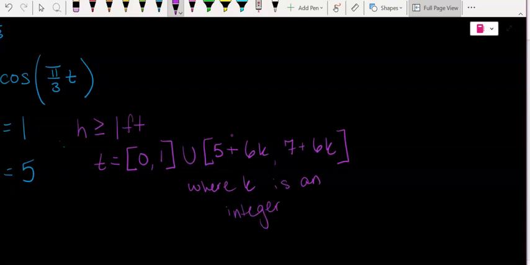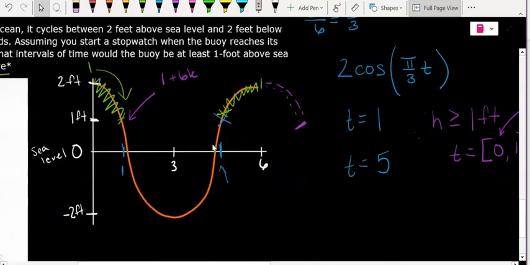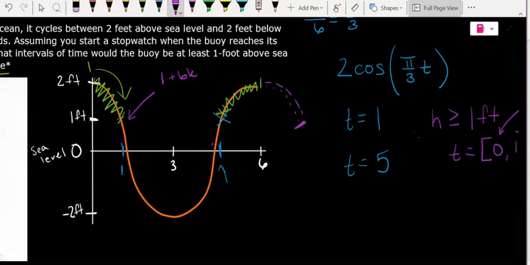Okay. Now, the reason why I have to do this second one like this is because the first one right here, this 0, is starting in the middle of that interval. It's starting right here. So I can't just go 0 plus 6k to 1 plus 6k because that's going to leave off this part right here.